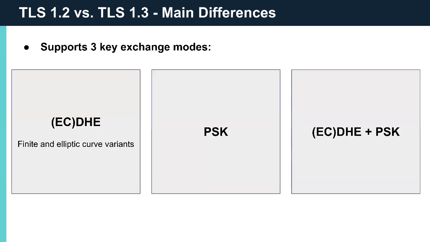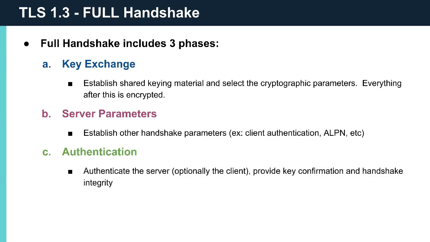There are now 3 key exchange modes in TLS 1.3: DHE or ECDHE, PSK, or a combination of the two. And the full handshake now includes 3 main phases, as you could think of them. Key exchange establishes the shared keying material, selects the cryptographic parameters, and everything after that is encrypted. Then there's the server parameters, which establish some other handshake parameters like client authentication and ALPN.